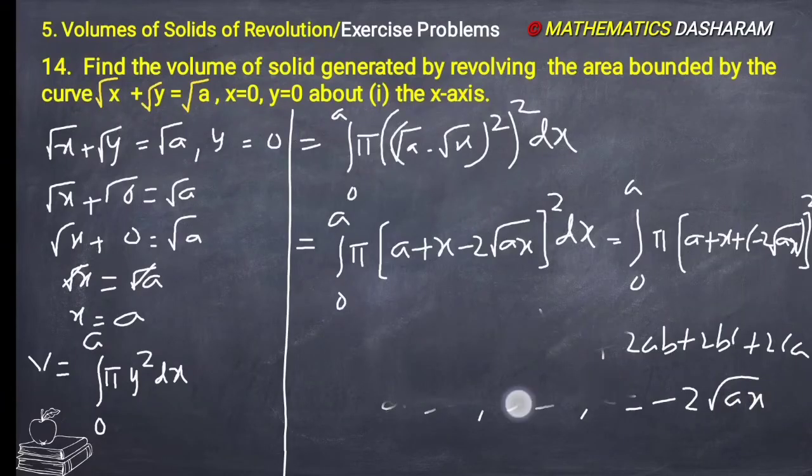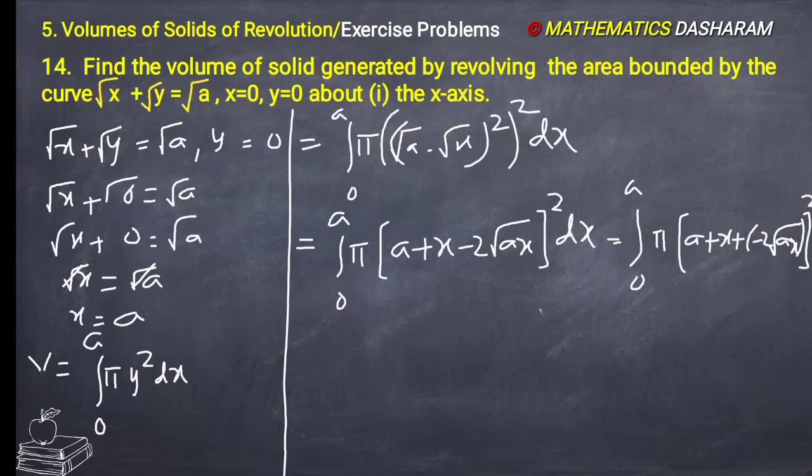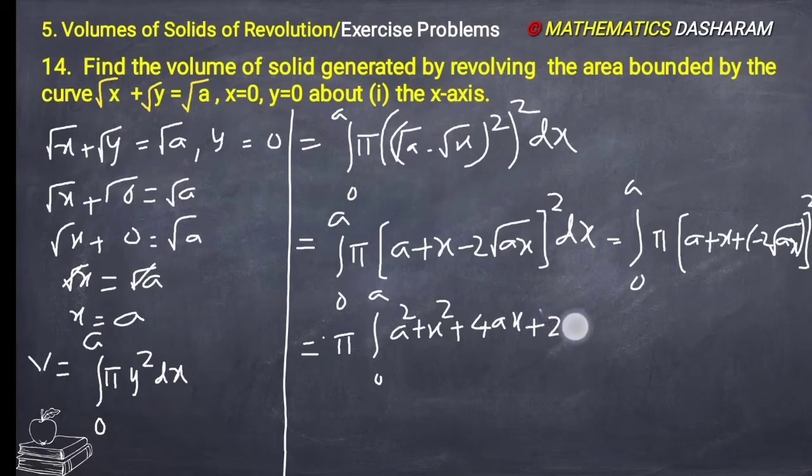Okay, let us use this formula. So it is equal to pi, a constant, integration 0 to a, first a square plus b square plus c square. Here c square means 4 into ax, plus 2ab, 2 into a into x, plus 2bc.